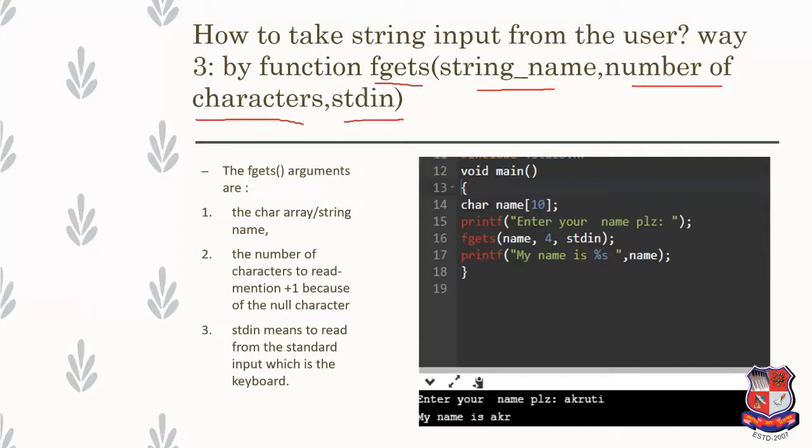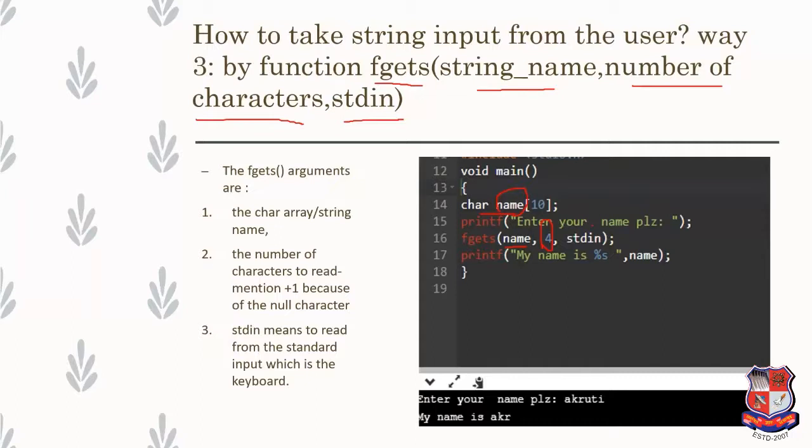Here your string name is the name of the character array. I have given the example here. I'm taking one array named name, its size is 10. Now I'm printing the message, "Enter your name please". So I'm using the fgets function. I have written name here because my character array is name, right? Then I have mentioned 4. That means whatever name I'm entering, I only want 4 characters from the user.